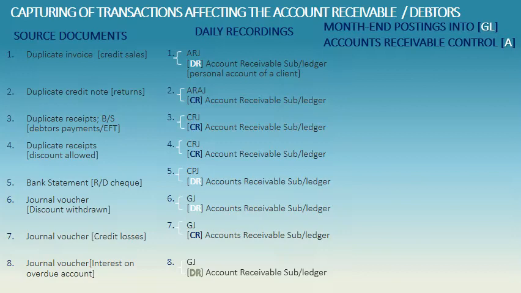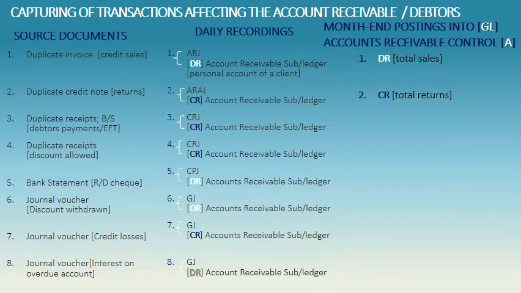At the end of the month, the subsidiary journals were closed off and posted to the accounts receivable control in the general ledger as follows. The total sales were recorded on the debit side of the control account, posted from the accounts receivable journal.